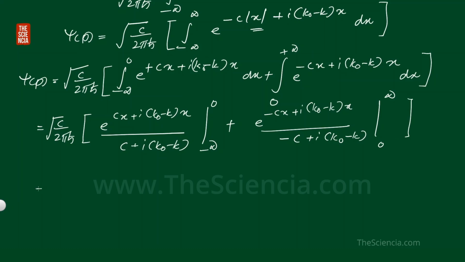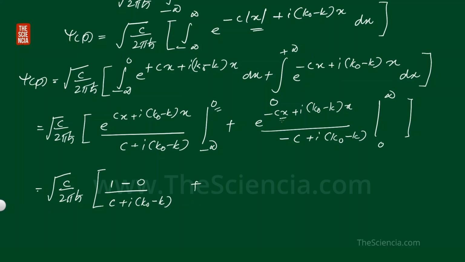Now we can substitute these values, that is root c by root 2 pi h cross. So first we are substituting the upper limit, that is 0. So this one will be e raised to 0, that is 1, minus the lower limit, that is minus infinity. So e raised to minus infinity is 0, by c plus i k0 minus k, plus the second term, upper limit is infinity.